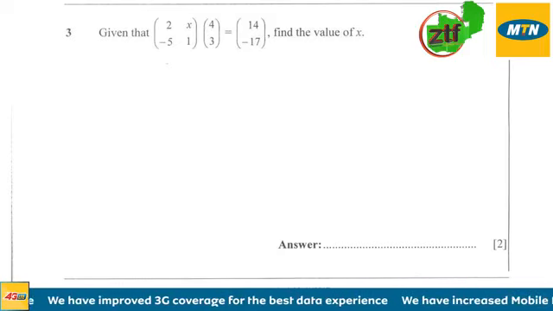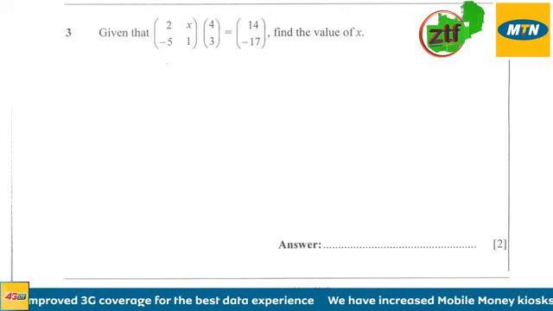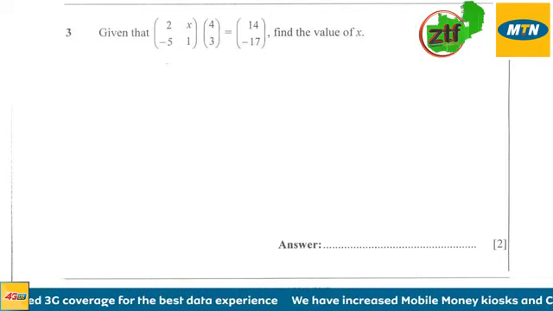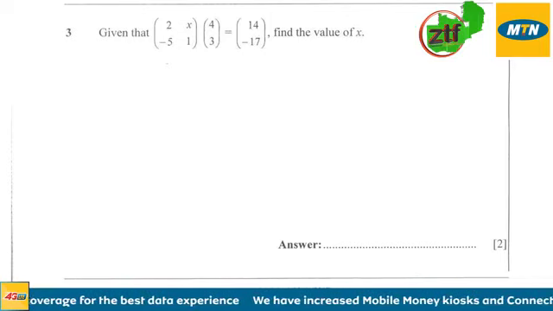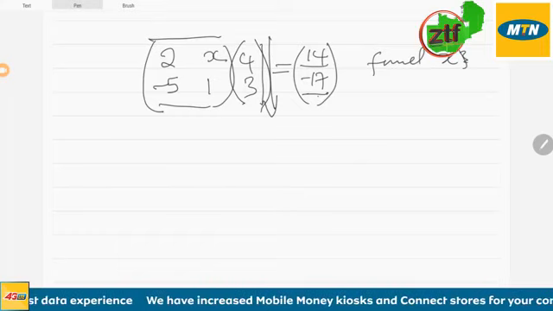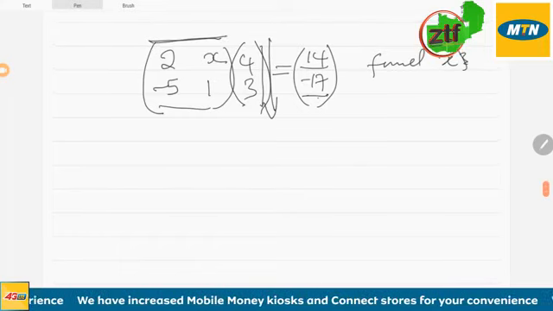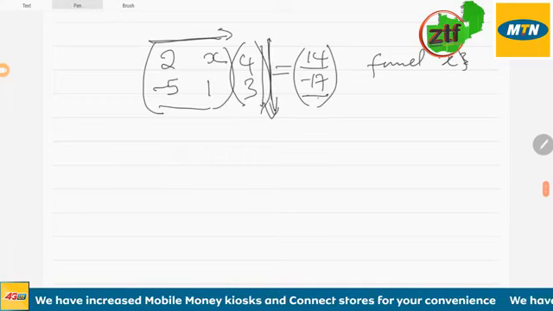And again, when we multiply the second row and the column, we are going to have -17. Now, the first row has a variable x, and the question has asked us to find the value of x. So we are going to say this row times this column equals 14.